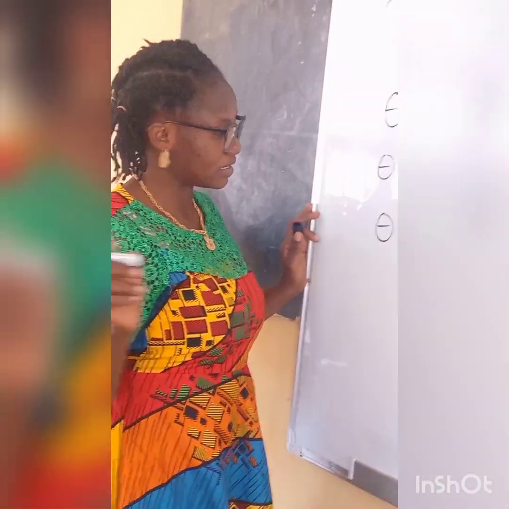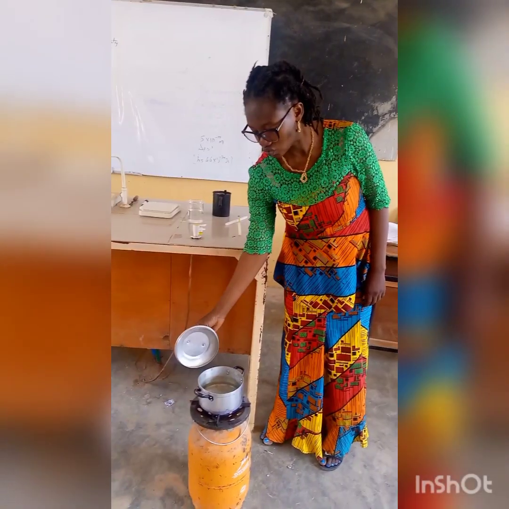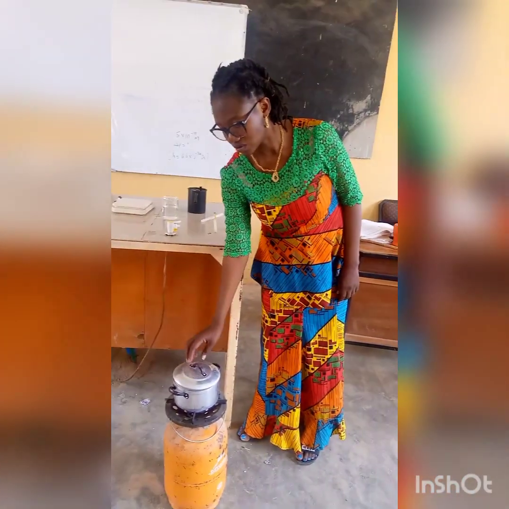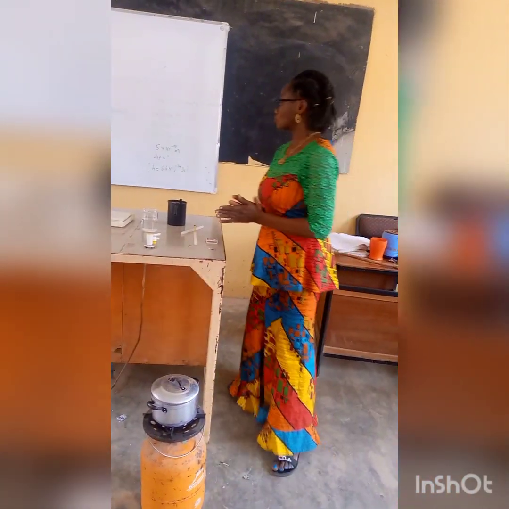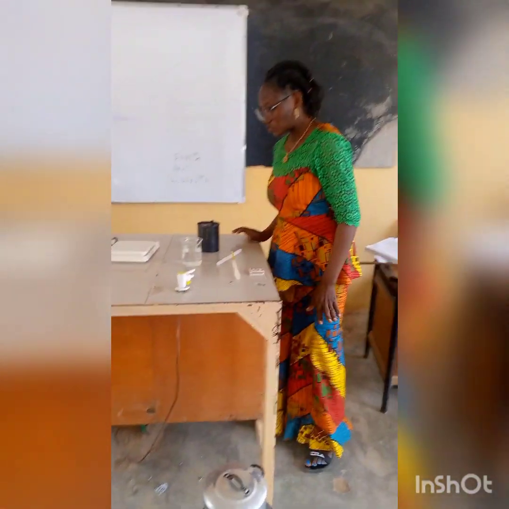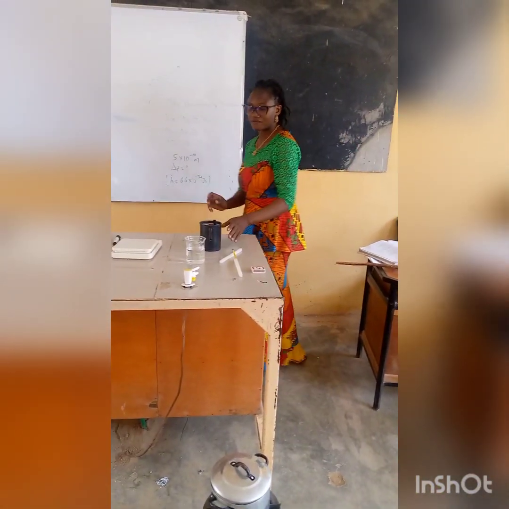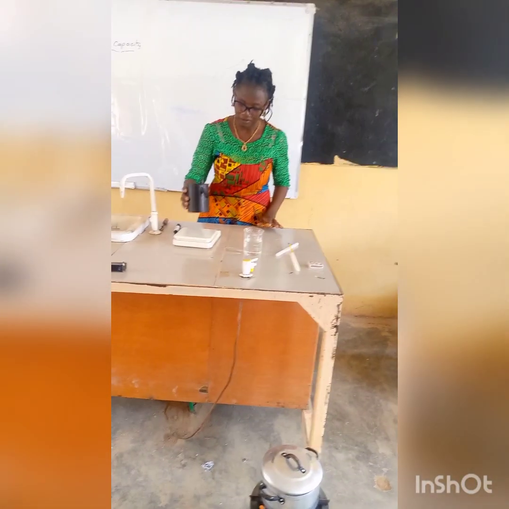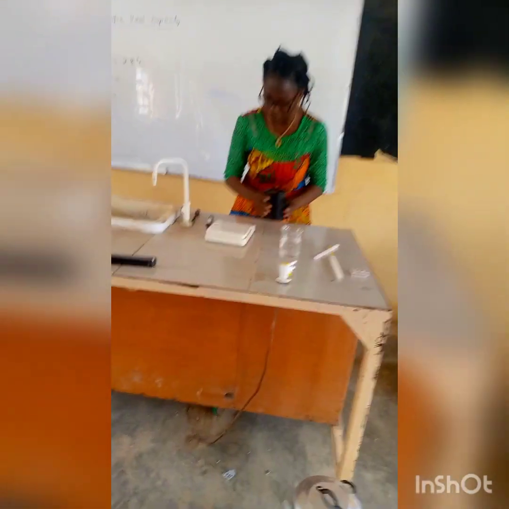But while we await that, let's get the water to get hot liquid. We are going to use cold water too, but meanwhile we are heating the water. So as we are heating the water, let's quickly find the mass of the calorimeter using this electronic scale.